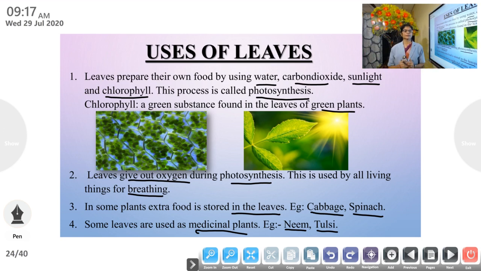Example, cabbage, spinach, etc. Then some leaves are used as medicine. Some plants have medicinal value. Example, neem and tulsi. Okay, clear?